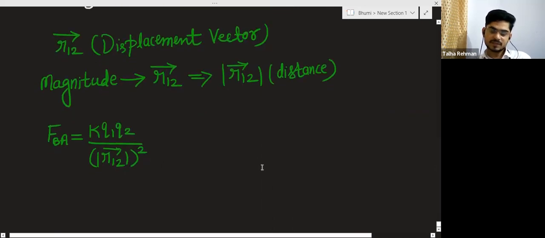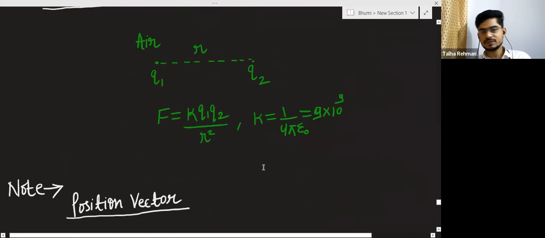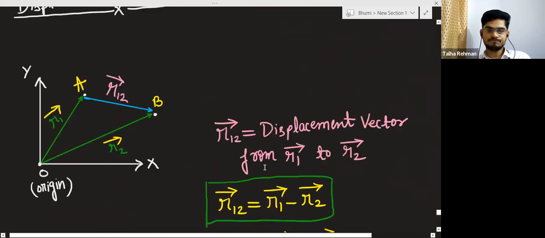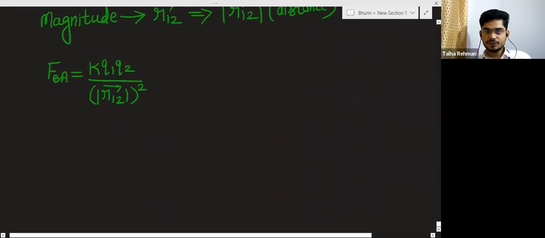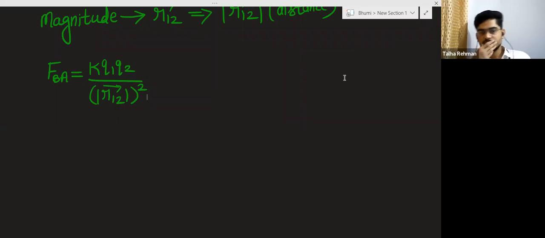But there is another thing we have discussed, the unit vector. Now there will be use of the unit vector here.